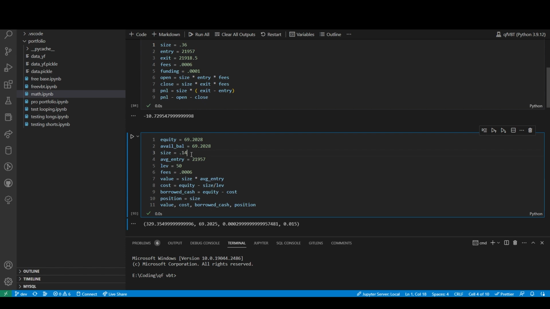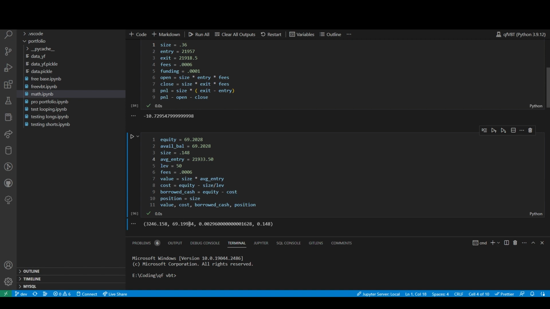Size is 1.8. $37.50. $33.50. This leverage is 50.